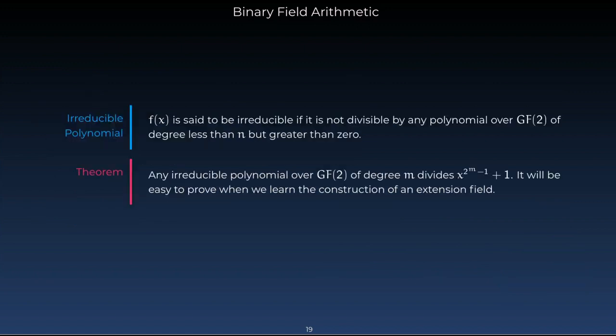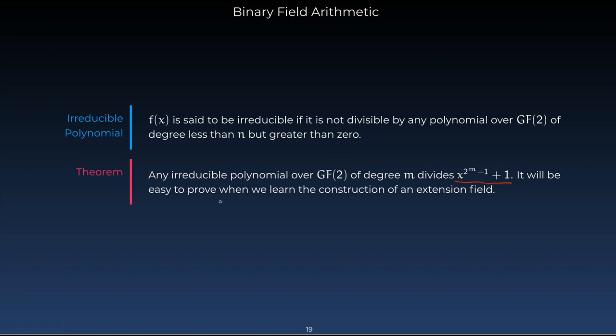Now we have a theorem on irreducible polynomials, which is much easier to prove once we learn how to construct an extension field, but nonetheless we are going to discuss it right here. Any irreducible polynomial over GF(2) of degree m divides x to the power 2^m minus 1, plus 1.